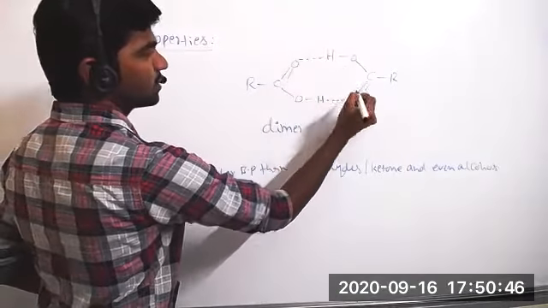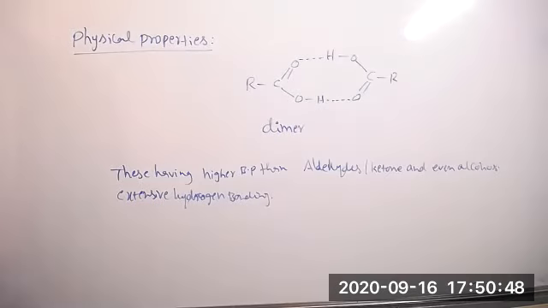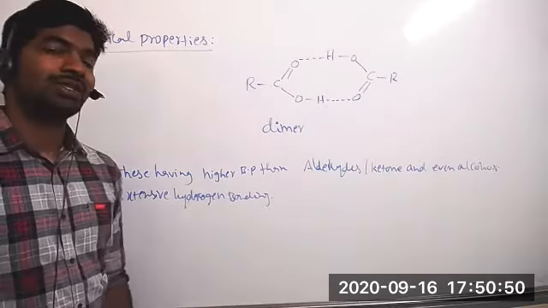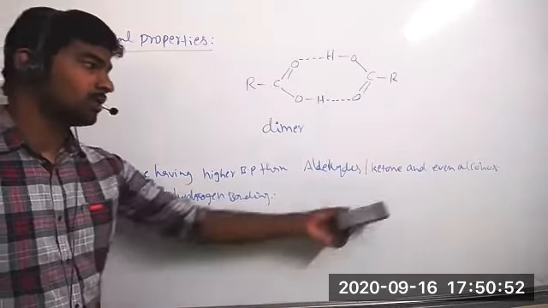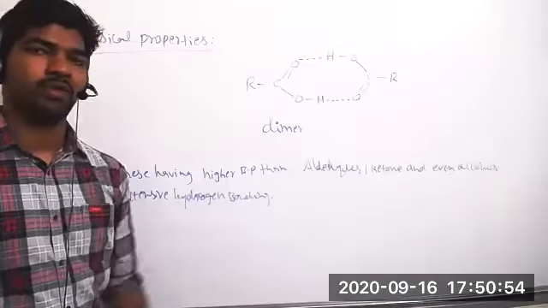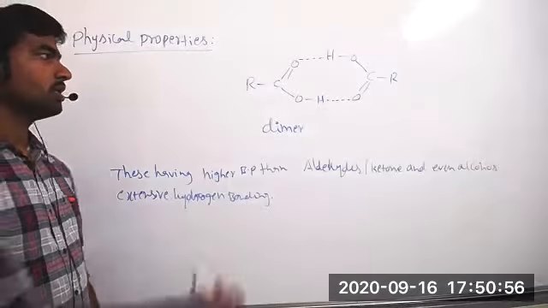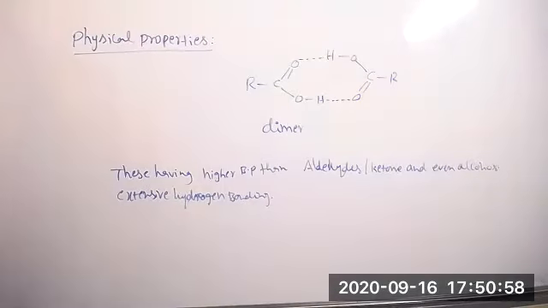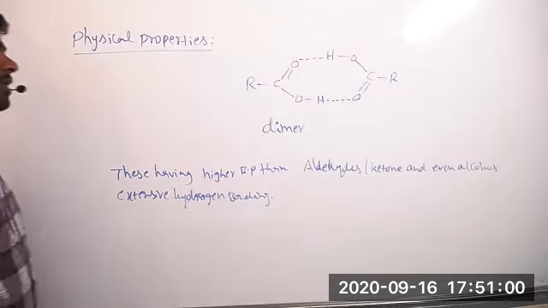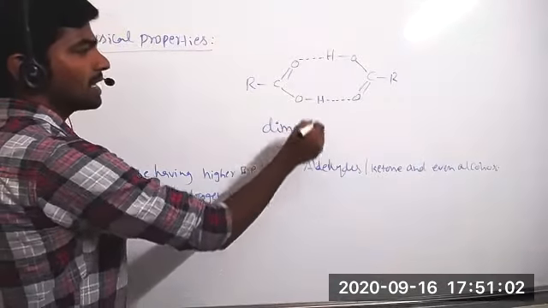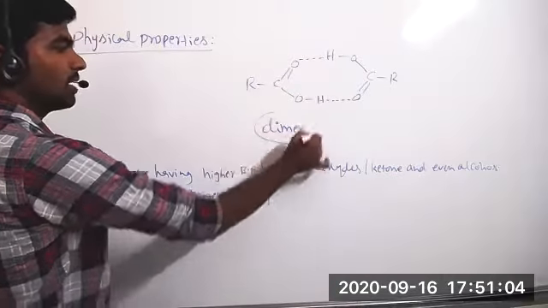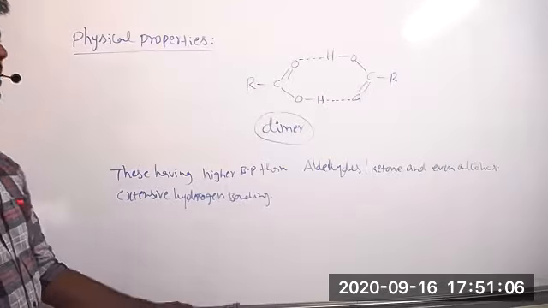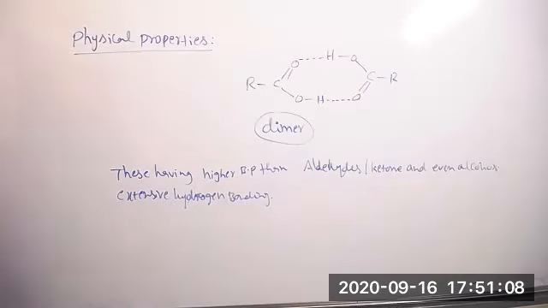So these are the hydrogen bonds. Between carboxylic acid molecules, very strong hydrogen bonds exist compared to alcohols. More hydrogen bonds exist, so carboxylic acids have a higher boiling point than alcohols. Even in the vapor phase, carboxylic acid molecules exist as dimers. That's why they have a higher boiling point.